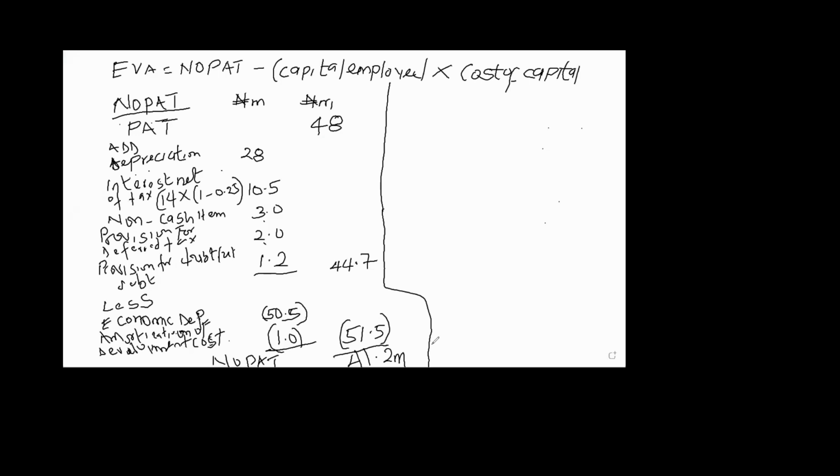One good thing about this question that I noticed, examiner always provides guidance. What you are going to add back or what you are going to deduct is what has been given to you in the question. In this question, examiner says only 1.2 million provision for doubtful debt is included in operating cost.